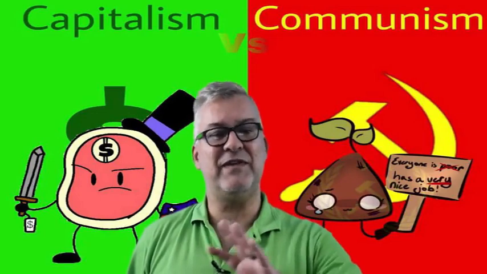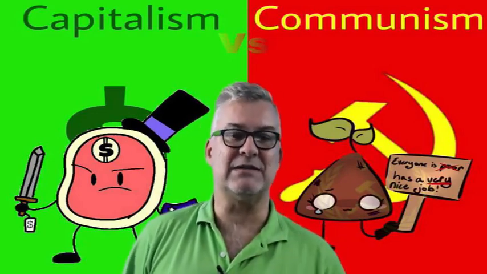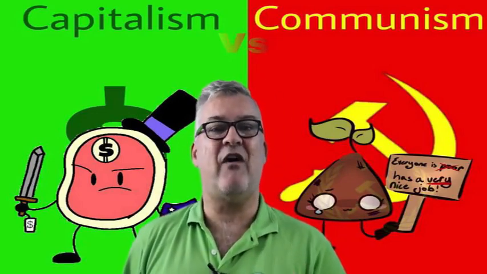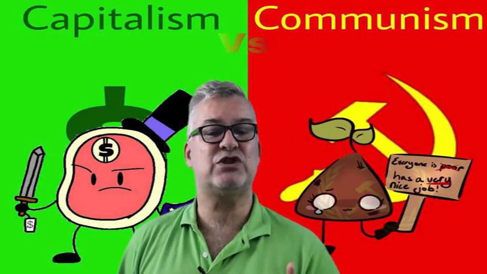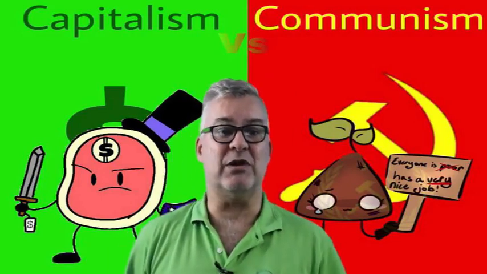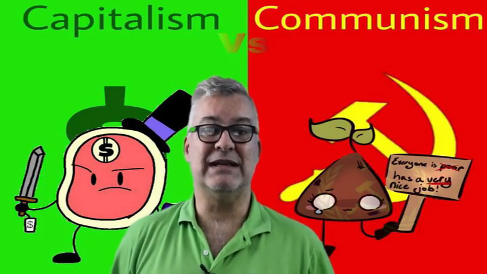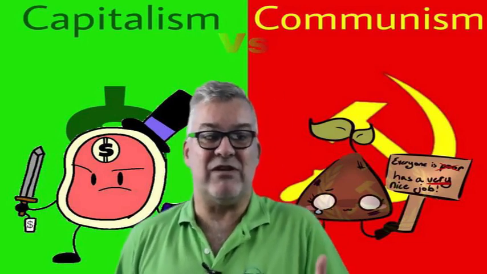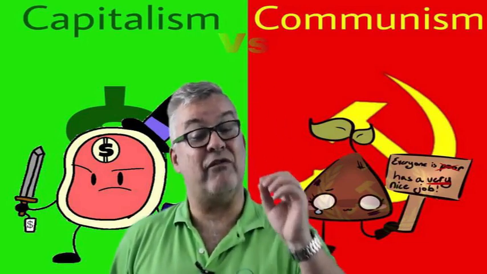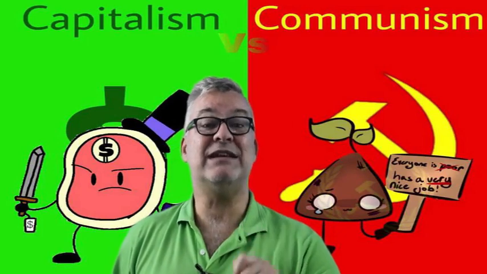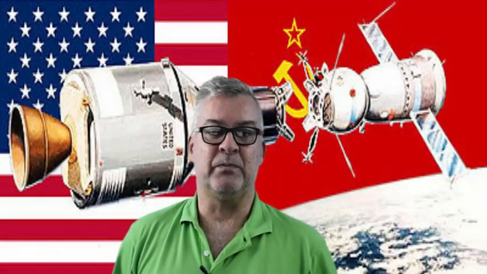Now, the philosophies and beliefs of democratic capitalism and communism are vastly different, and the difference was too great to allow the friendship between the two superpowers. And so this rivalry started to grow, and unfortunately it started impacting and influencing the rest of the world.